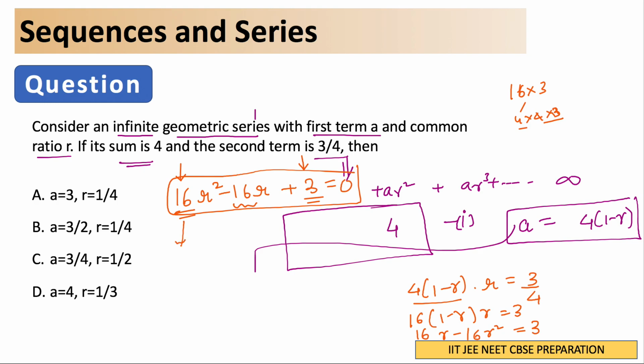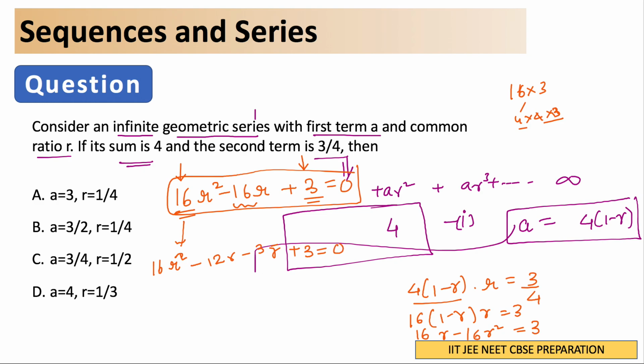So I'll write this equation like this: 16r square minus 12r minus 4r plus 3 is equal to 0.